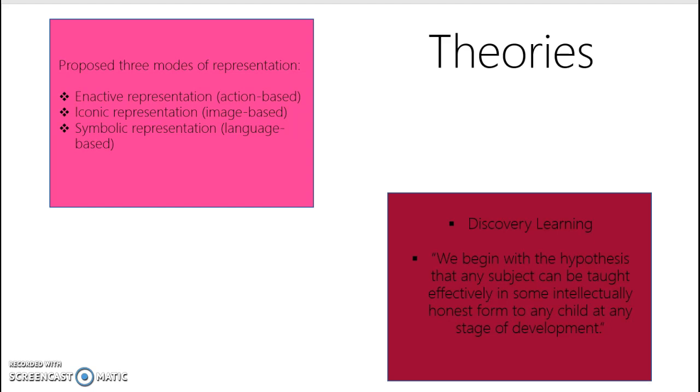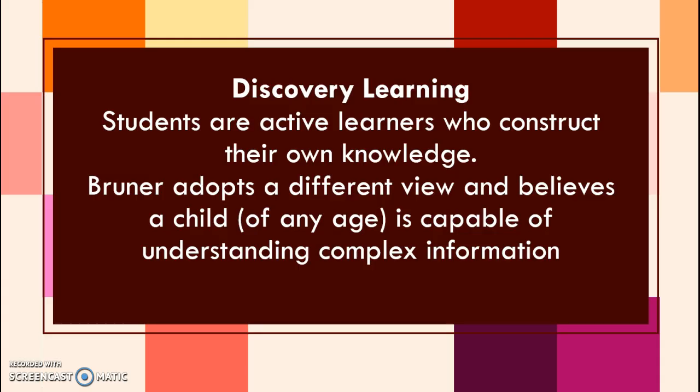So now on to the main, discovery learning. What he's saying in discovery learning is students are active learners who construct their own knowledge. Bruner adopts a different view and believes a child of any age is capable of understanding complex information. In the text that I looked up, it says, the concept of discovery learning implies that students construct their own knowledge for themselves, also known as a constructivist approach.